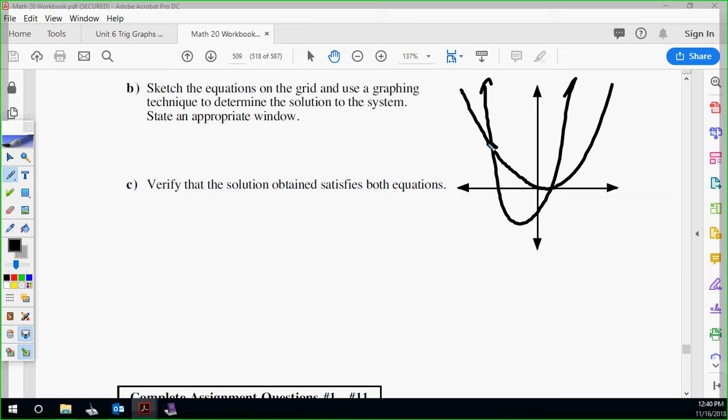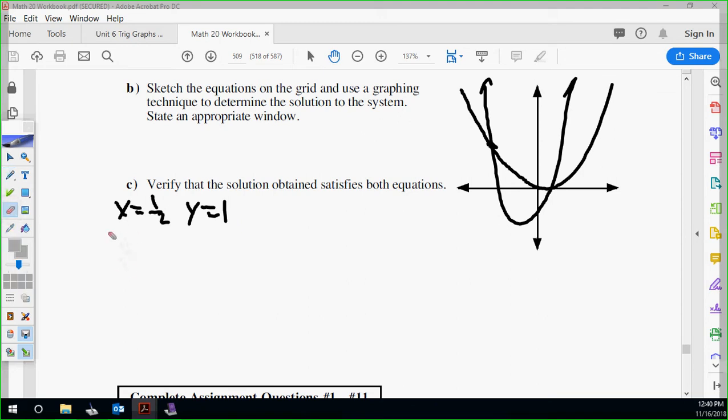To verify, we would just plug our points back in. So let's just do it for one of them here. If we're doing 1/2, I'll do 1/2 and 1. We'll just verify 1/2 and 1 for both equations, and then we won't do the second one. I think you guys are fine with plugging stuff back in. So to verify, we know what y is.